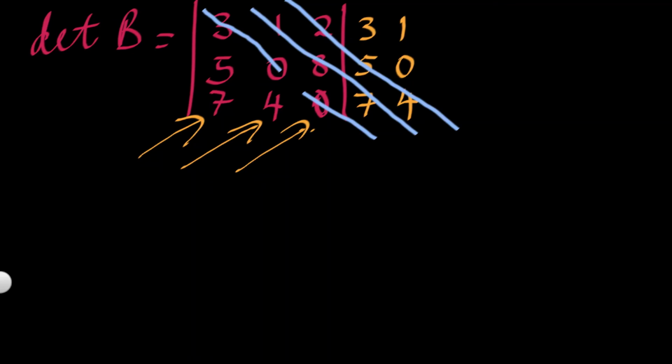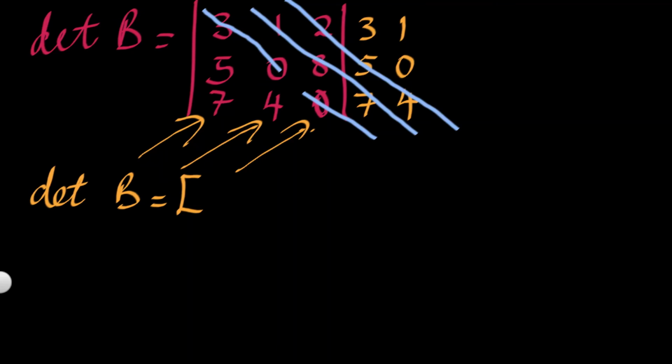These are my minor diagonals. Now to get the determinant of B, I find the sum of the products of the major diagonals. I subtract the sum of the products of the minor diagonals.